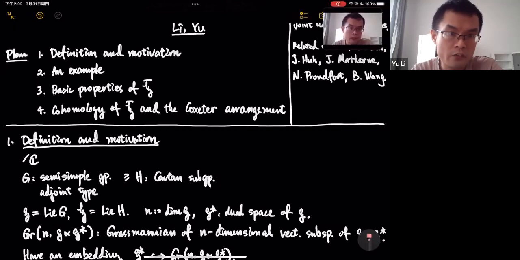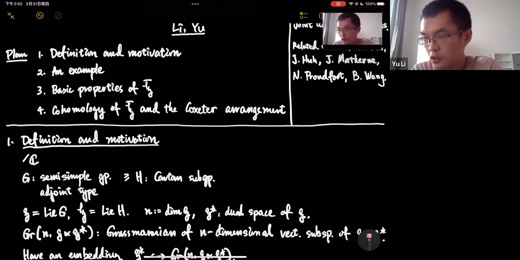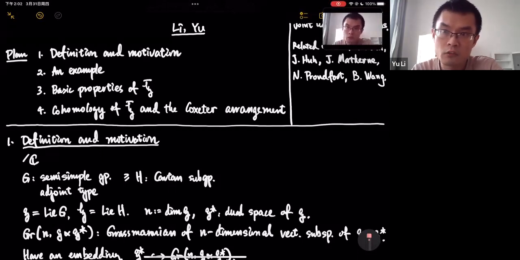Then in section 3, I'll discuss some algebraic geometric properties of this variety, which I'll call H bar. For example, I'll show that it's a normal variety. I'll count the number of irreducible components in the boundary. I'll maybe also briefly discuss additive toric varieties.